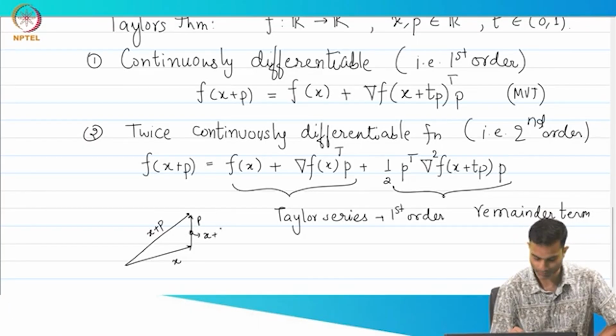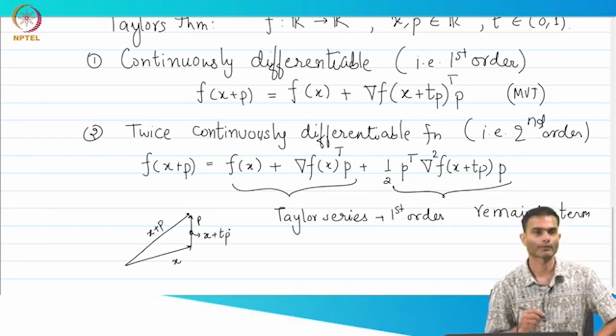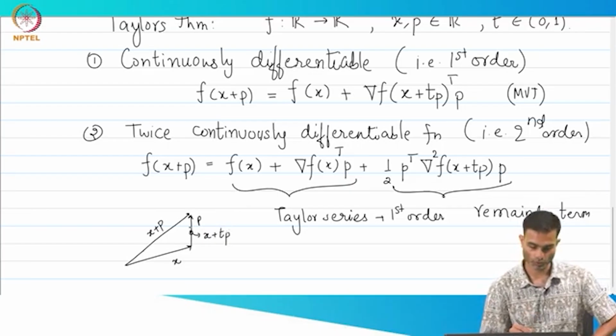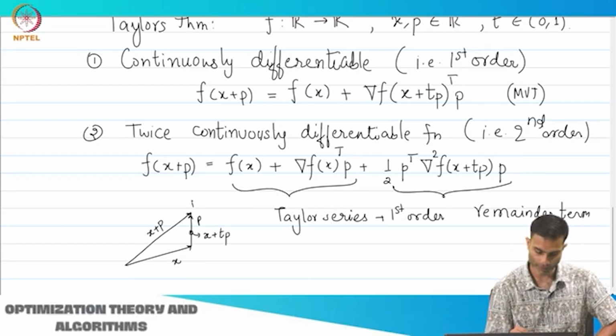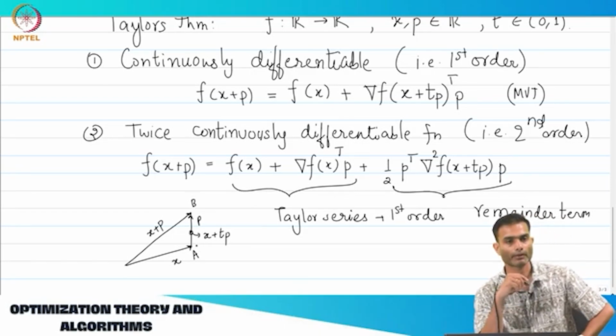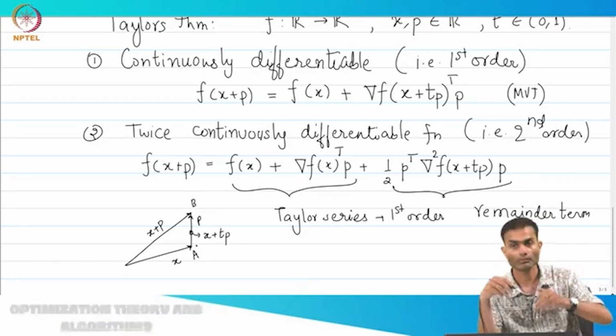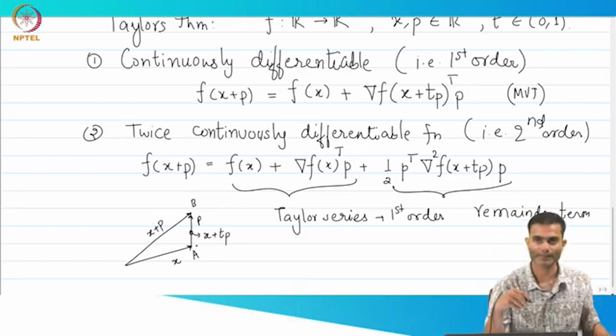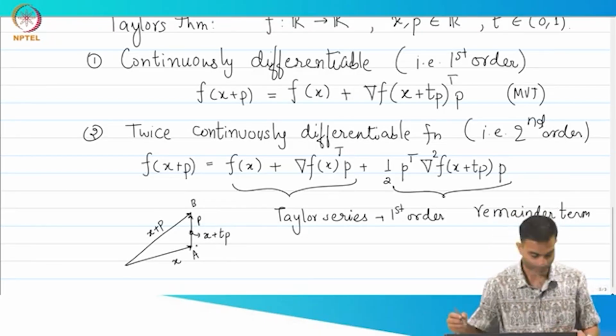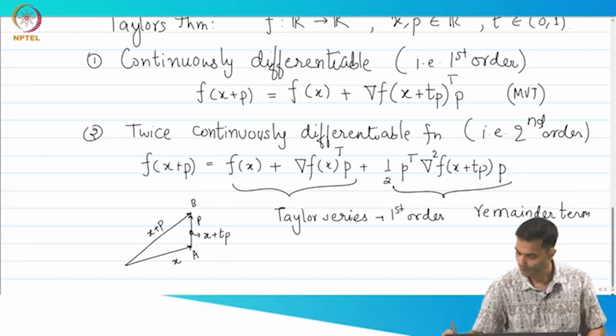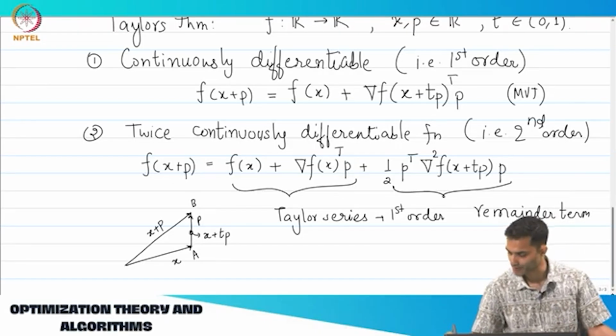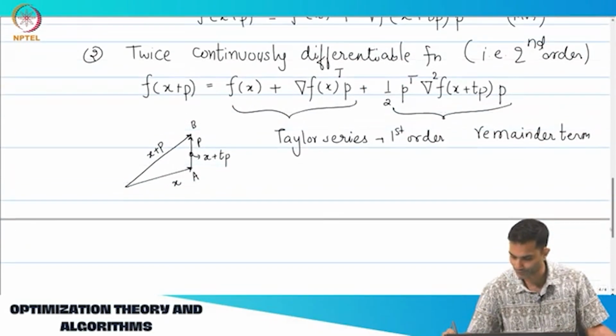This is my x plus t into p, right. So the function value at this point b, starting from the function value at this point a, and some derivatives along the way. That's how you can interpret this. Okay, this is just information at this point. There's nothing that we have derived.